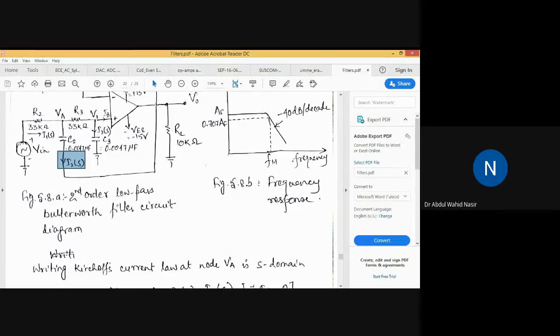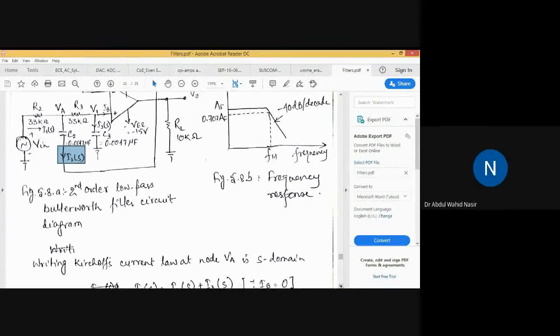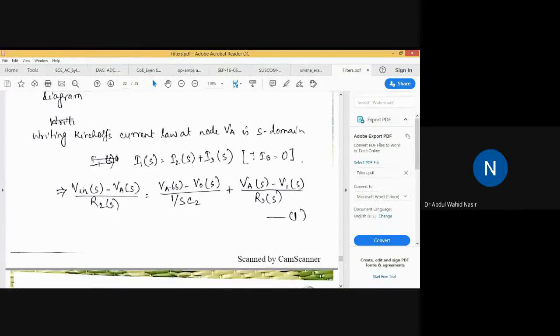The reactance of this C2 in the Laplace domain is 1 by SC2. So the current I2 will be VA minus V naught by 1 by SC2. Clear? Any doubt?